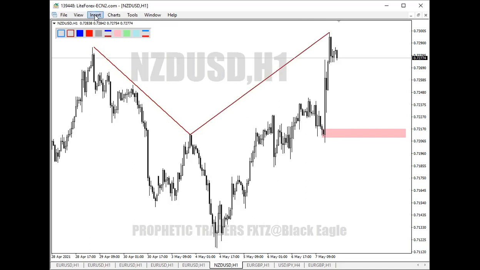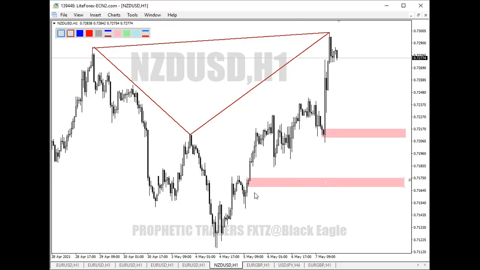So whenever price goes down, don't focus on the downtrend because this is a minor trend, right? We have the demand, so this area is expected demand.